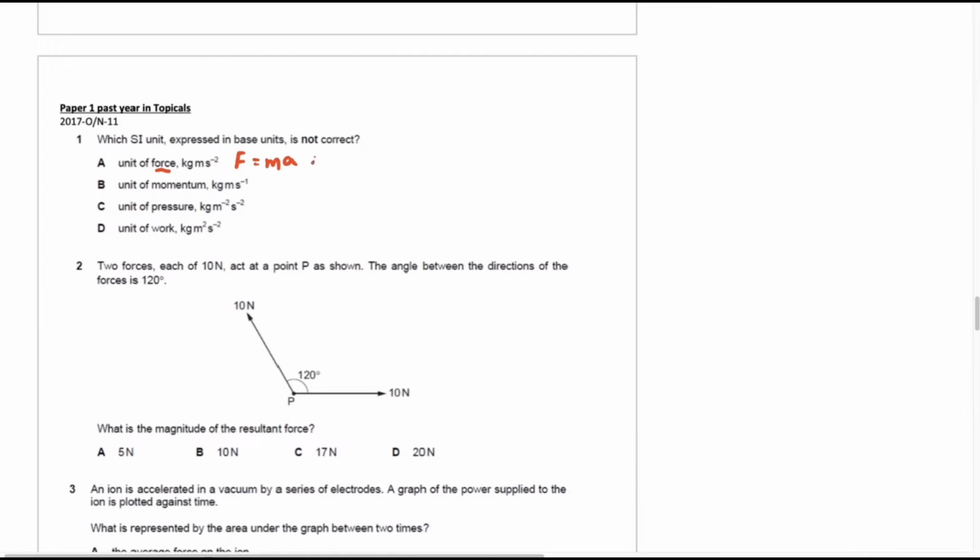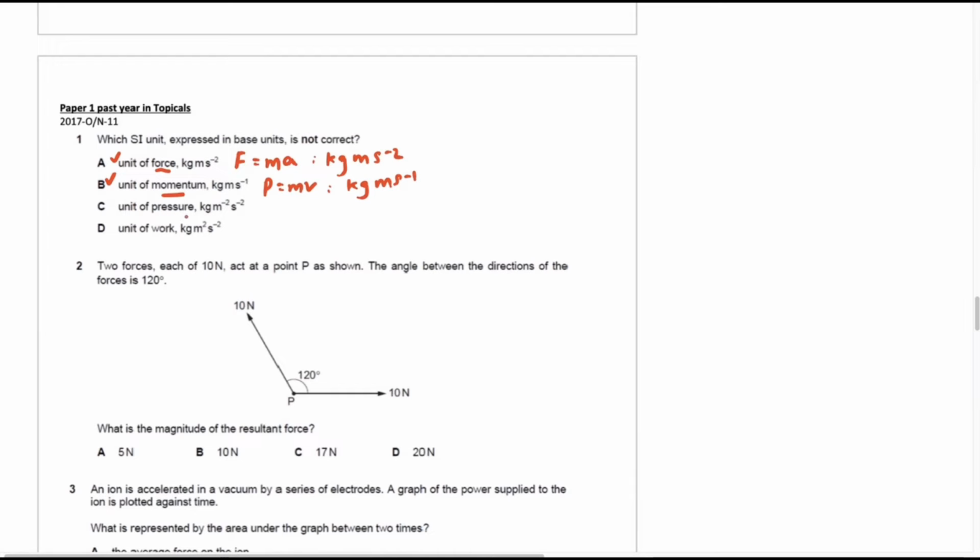Then we know that the mass is kg, the acceleration is m s^-2. So because of that, this is correct. Do you remember the formula for momentum? Mass times velocity. So the mass is kg, the velocity is m s^-1. So because of that, this is correct.